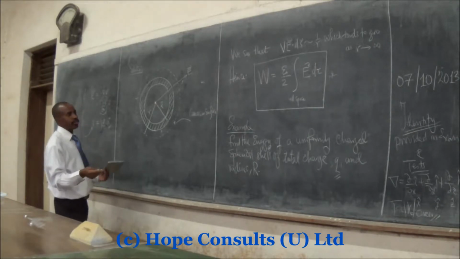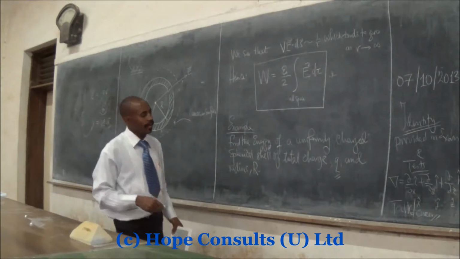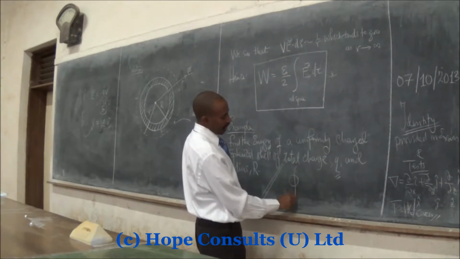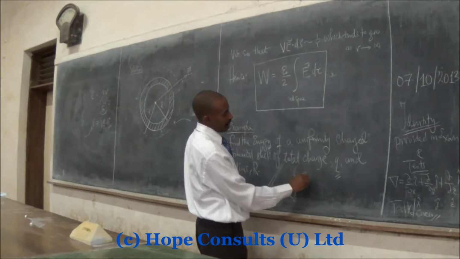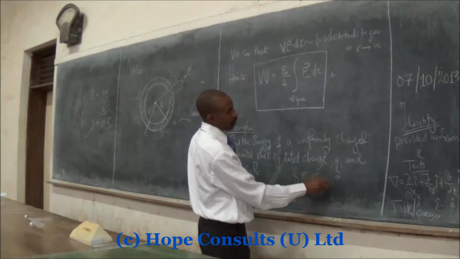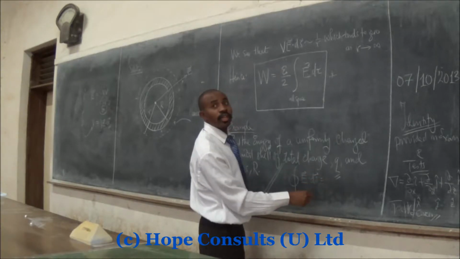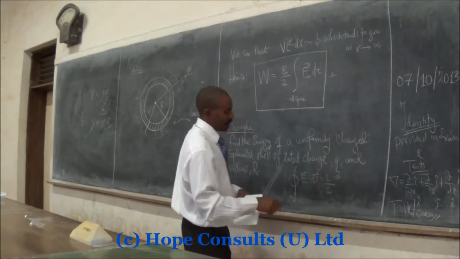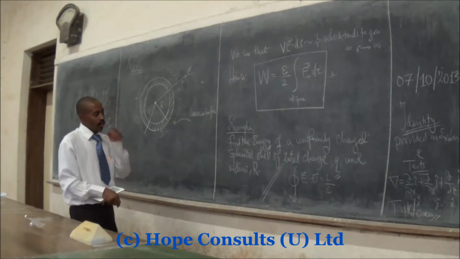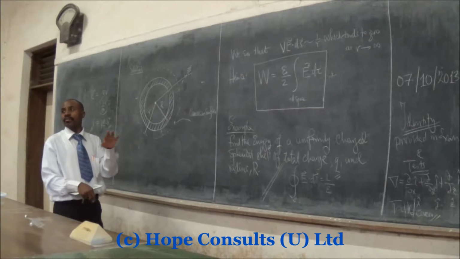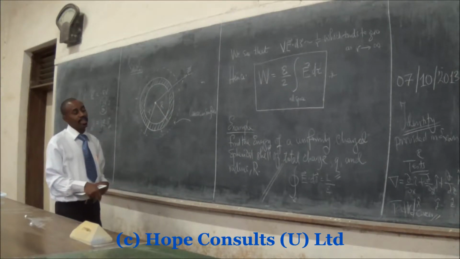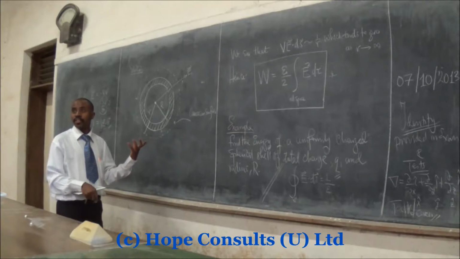Now, Gauss's law states that the integral over a closed surface S of E dot ds is equal to the total charge enclosed divided by epsilon naught, the permittivity of that medium. And our spherical shell is in free space.